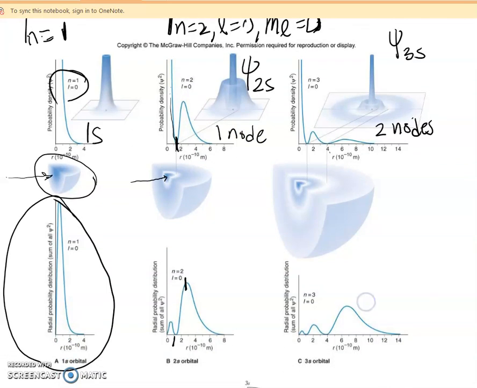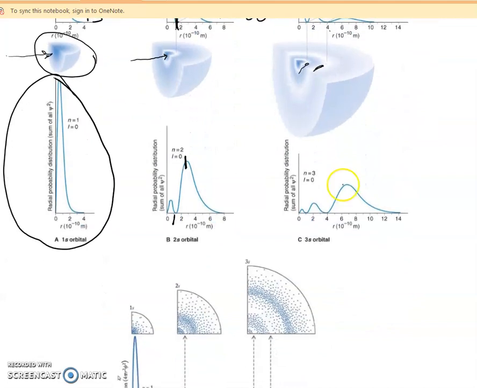Okay. Now, if we look at the contour shape, you can see those nodes again. So here's the first ring in white, there's our first node, and here's the second, there's our second node. And for our probability distribution plot, here is the most probable distance where we can most likely find an electron.